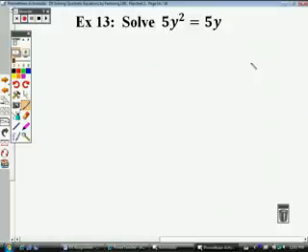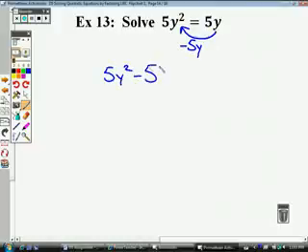So you got to move the 5y to the other side. So if I move the 5y over here, it'll be minus 5y. But don't put that 5y with the 5y squared because they're not like terms. Put them in order, in descending order. So write down 5y squared minus 5y equals 0.